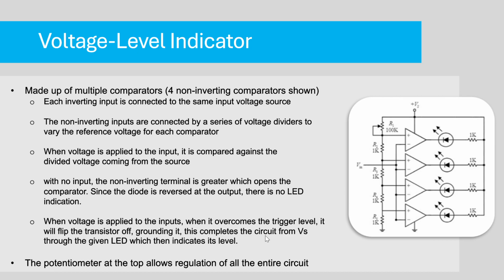The potentiometer at the top here just allows for regulation over the entire circuit. Since this is the dominant resistor in the voltage divider, it's going to have the greatest effect over the entire system, and basically determine how much voltage is needed between these inputs to cause things to turn on.